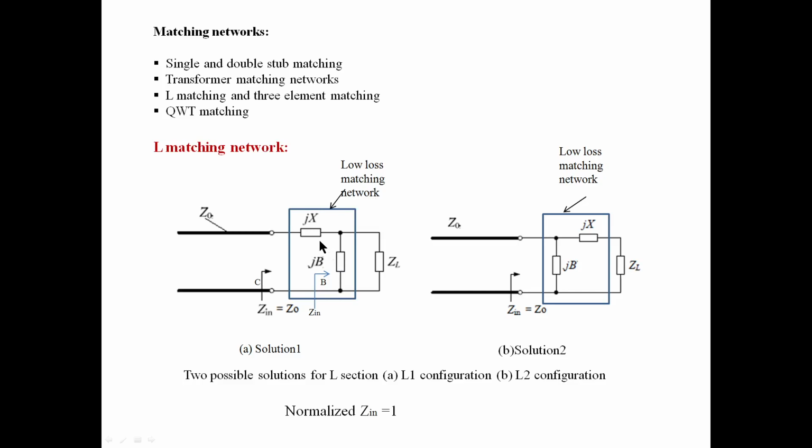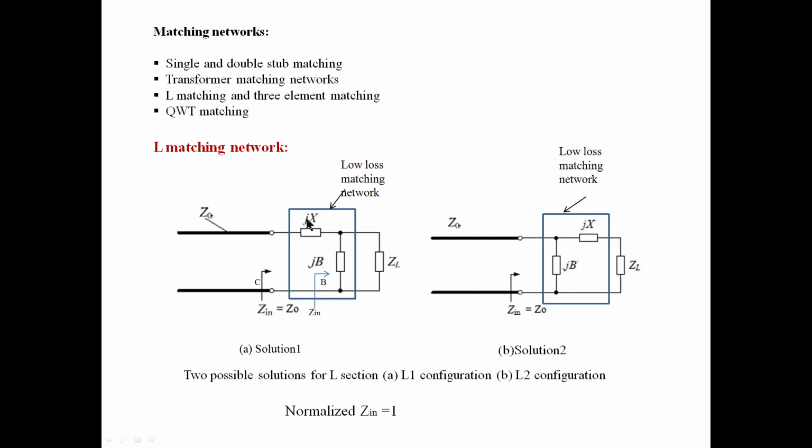Okay, so by adding these two, what are we doing? See, ZL is here. Add one element, and it is not possible to get the impedance. Looking in this direction, the impedance may not be equal to Z naught, but add one more element like this.